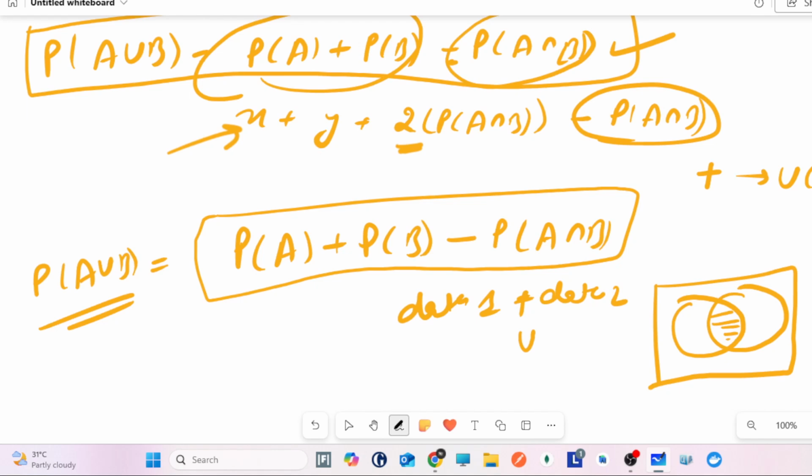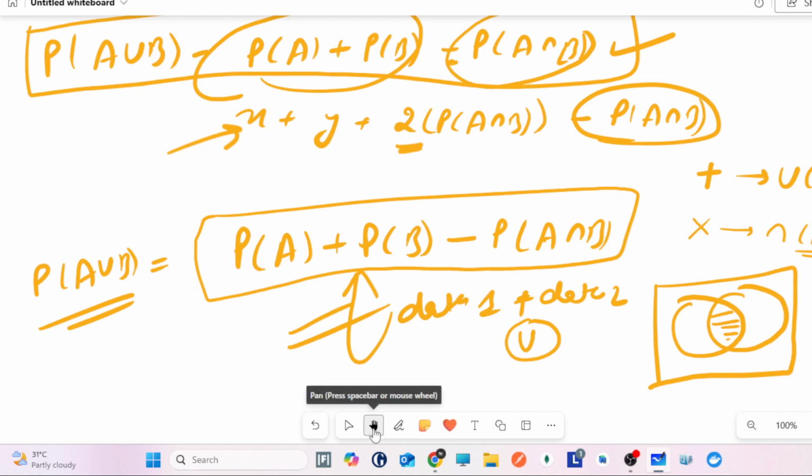And when we use multiplication, that represents intersection, the AND portion. Okay, so these are the two notations that you have to keep in your mind. So if we predict from data 1 and data 2, that means we are considering the union, and whenever the union comes, this portion comes into the picture. This is really important in machine learning models.